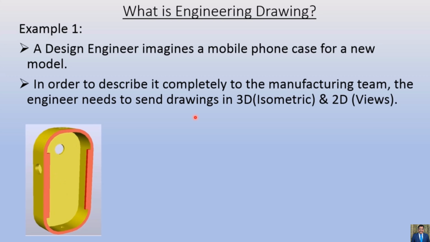In order to describe this cover's dimension and specification fully to the workers or supervisors who are going to manufacture this on the machines, the CNCs or the numerical control machines, the design engineer should give the design in the form of drawings, that is 2D and 3D views. These are actually called isometric views and 2D views. We will see now.